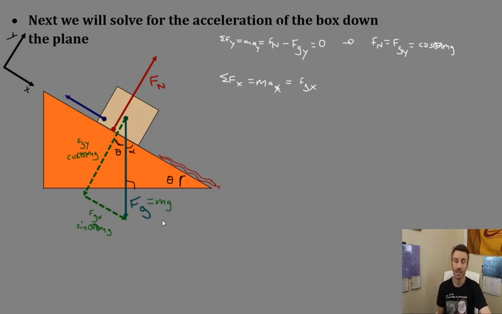It could be, having already been set in motion, that it is now just constantly moving down the plane with a constant velocity. Or it could be static friction, right? Instead of kinetic and sliding, it could be static friction and not sliding. So this box is just not sliding down the inclined plane, and friction is enough to hold it back.